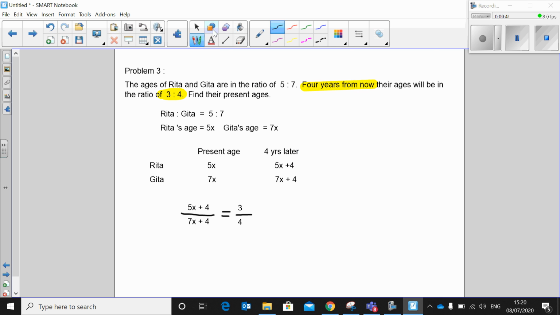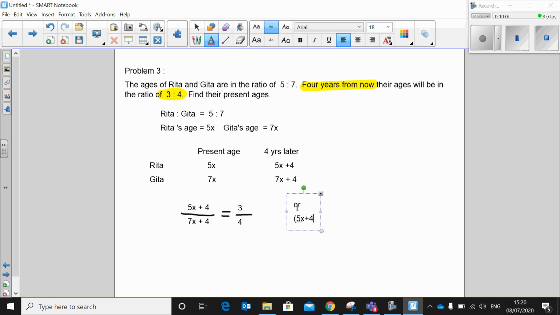Even in a proportion way we can write it. This is the other way I will show you. In proportion, you will write 5x plus 4 : 7x plus 4 in proportion with 3:4.